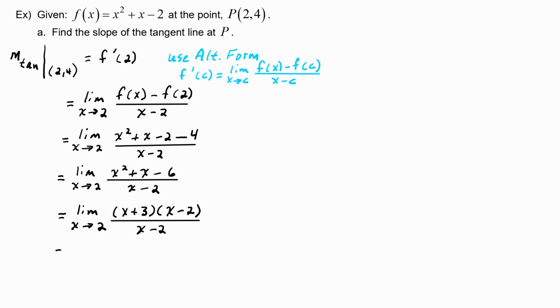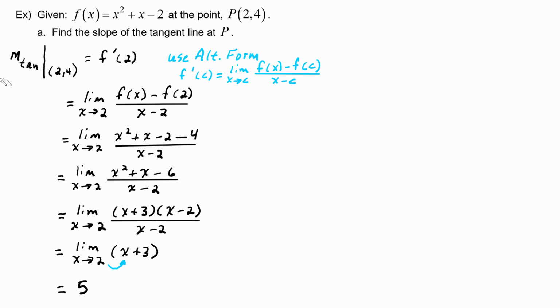Then this becomes the limit as x approaches 2 of the quantity x plus 3, because of course in the limit we can cancel out those common factors. We go ahead and evaluate the limit, and we find that the slope is going to equal 5.